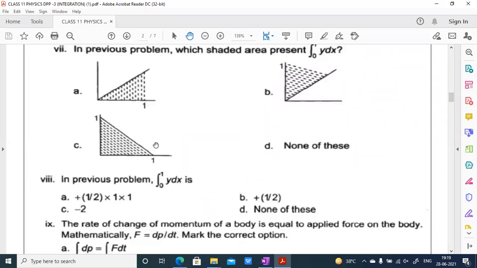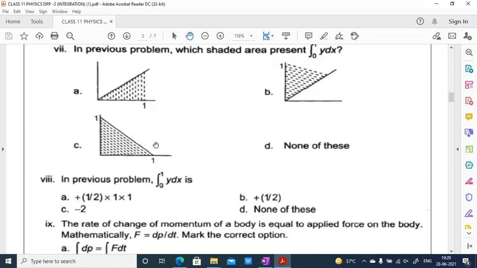Yes, sir. Right. Question number 8. Eighth, we have to find this area in the graph from 0 to 1.